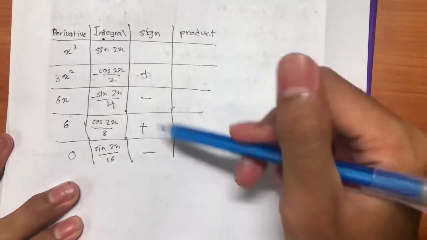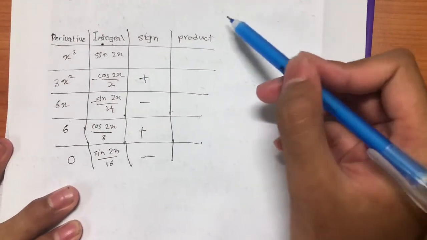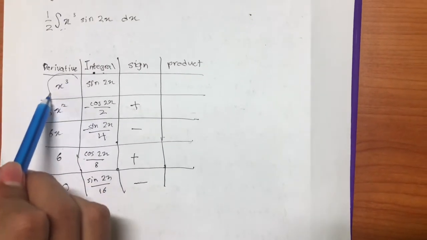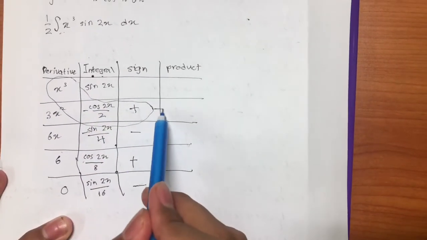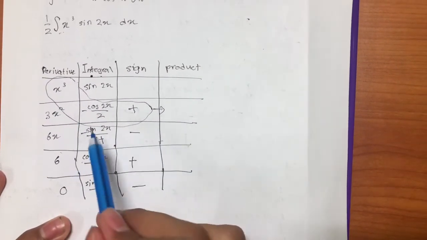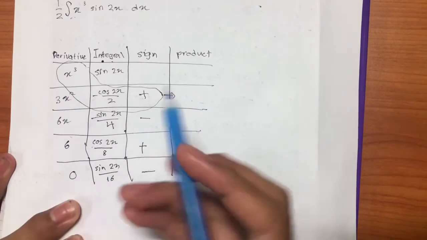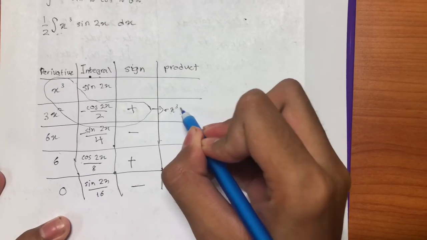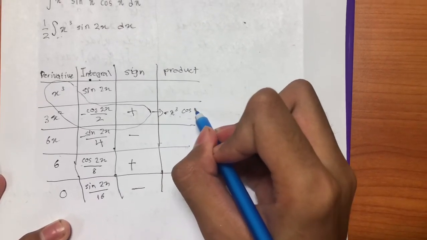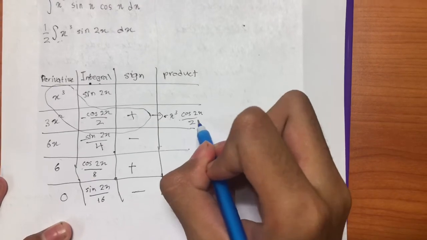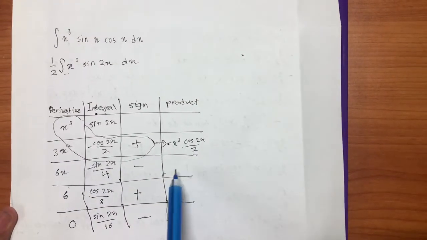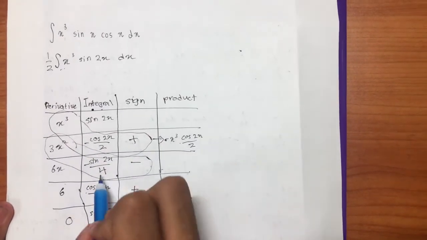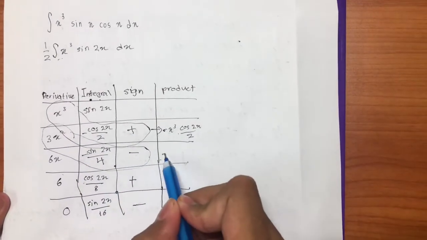So for the product, we will multiply these things to become this. So for this box, it becomes negative x cubed cos 2x over 2. The next box is the same, this one. So negative and negative become positive.